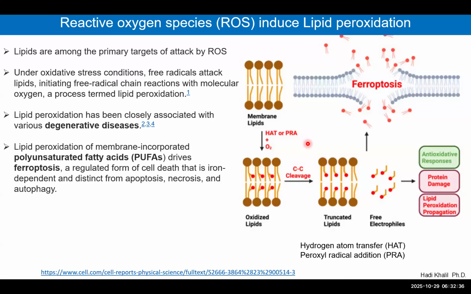It is that superoxide, hydroxide, or reactive oxygen species will make this reaction take a hydrogen atom, so a hydrogen atom transfer, which is HAT, it's written here, or the peroxyl radical addition, or you add that to the side of the lipid. So what does this cause? Obviously, the reorganization of those phospholipids is going to change.